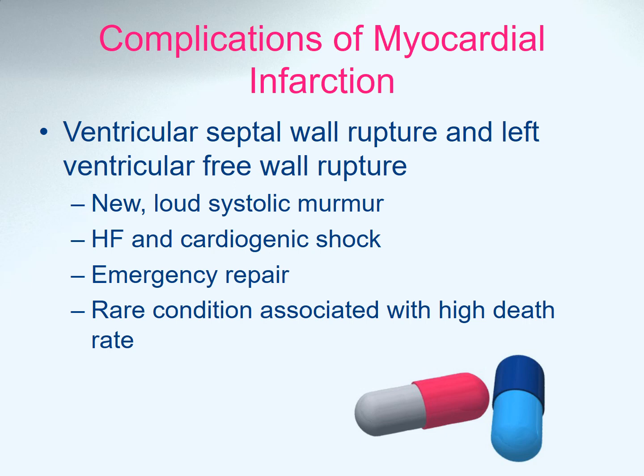A new loud systolic murmur heard in patients with an acute MI may signal ventricular septal wall rupture. Depending on the size of the defect and degree of the right and left ventricular dysfunction, heart failure and cardiogenic shock may occur. The patient must receive emergency repair, either surgically or percutaneously. The defect can quickly expand and lead to hemodynamic compromise.